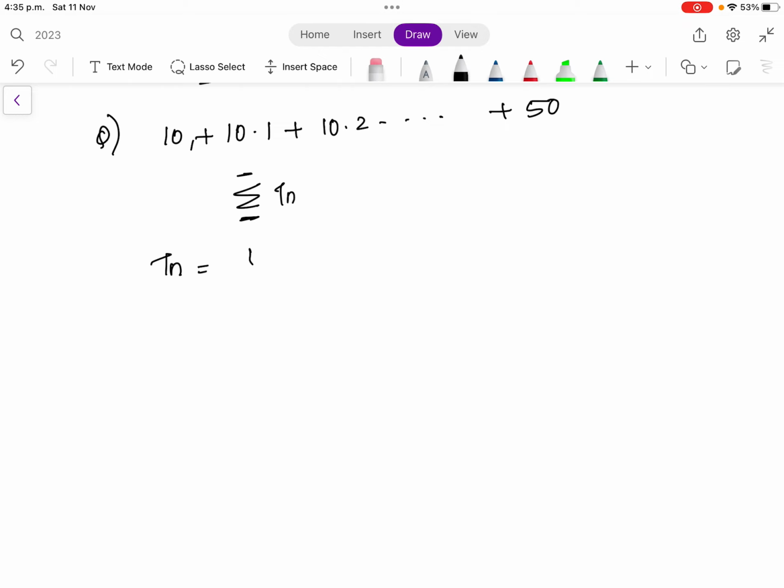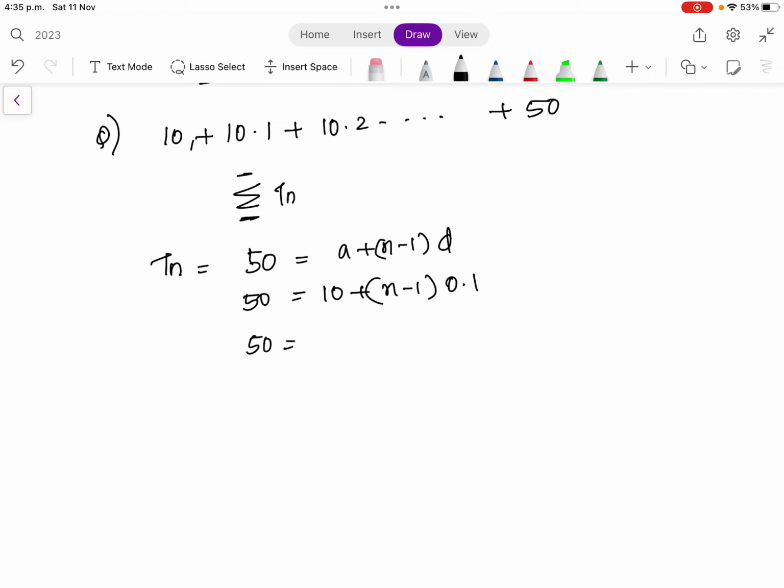So Tn is equal to 50, that is equal to a plus n minus 1 into d, and a is 10, and d is 10.1 minus 10, so that is 0.1. So 50 is equal to 10 plus n minus 1 into 0.1.